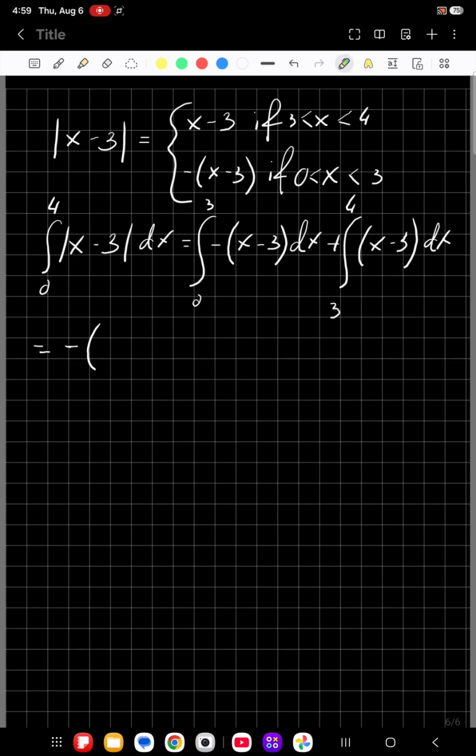Now I'm doing the integral of these two terms. The first one is x squared over 2 minus 3x, evaluating it from 0 to 3. Then I have plus the same thing, but evaluating it for different endpoints, 3 to 4.